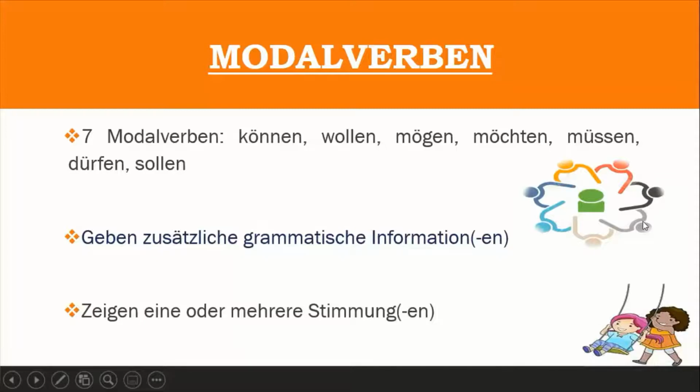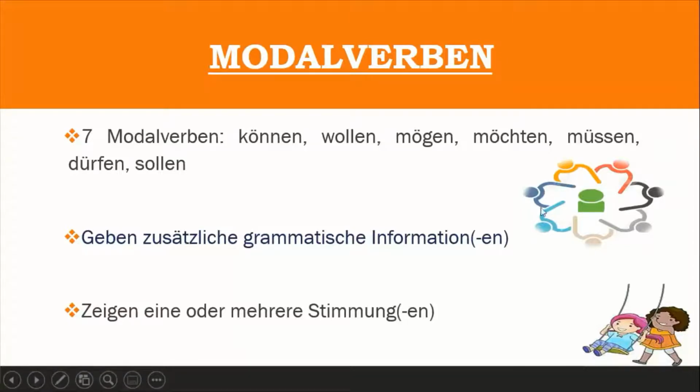Especially if the work is difficult and takes a lot of time. So think of the green person here in this circle as the main or the infinitive verb in a German sentence or question, and each of the 7 persons is a modal verb.